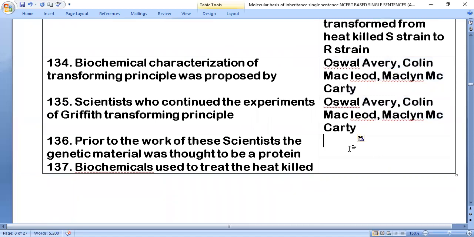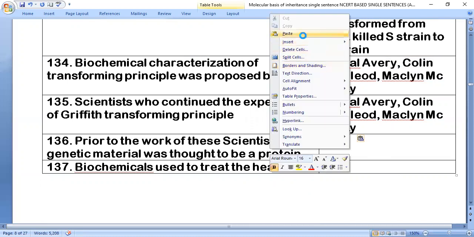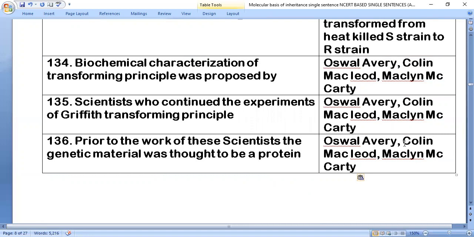Prior to the work of these scientists, the genetic material was thought to be a protein.